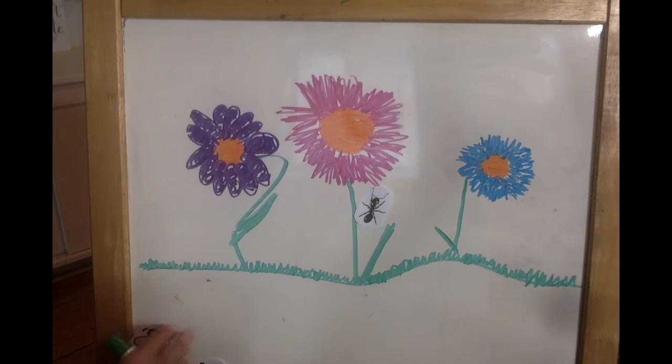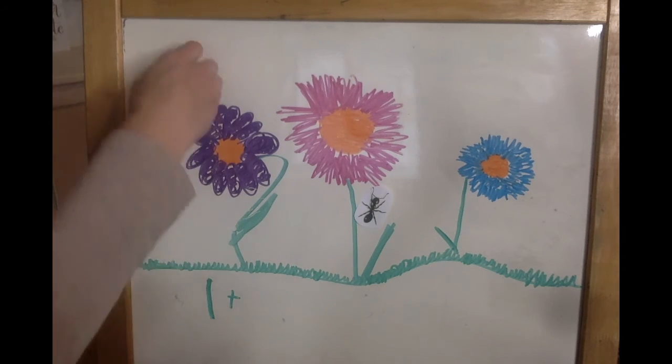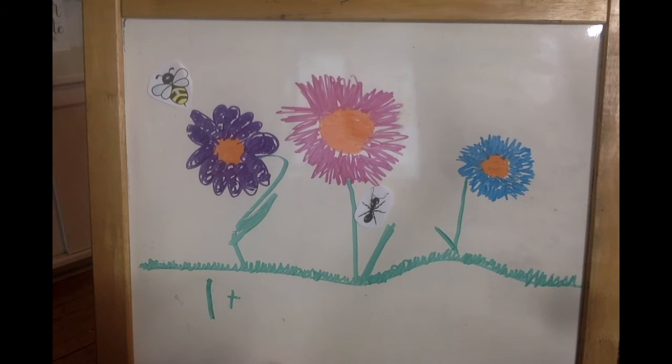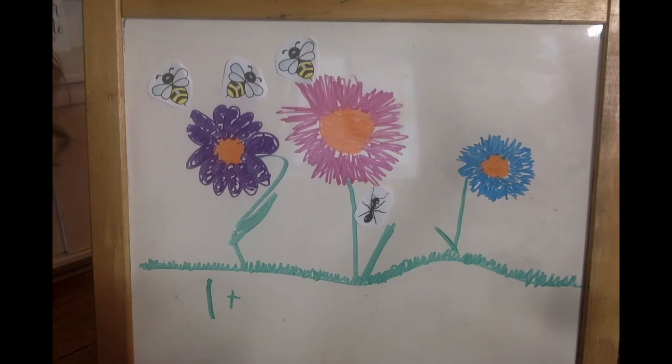After having so much fun with his friends the day before, one little ant came back to the garden to explore. But he was all alone, so he called out, "Friends, where are you?" And 1, 2, 3 bees flew in.